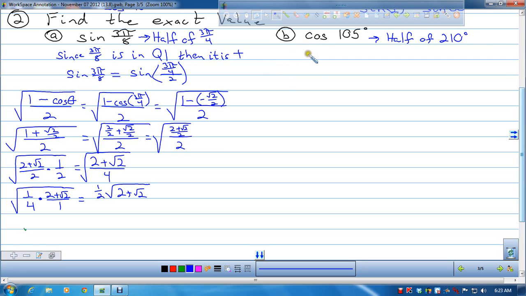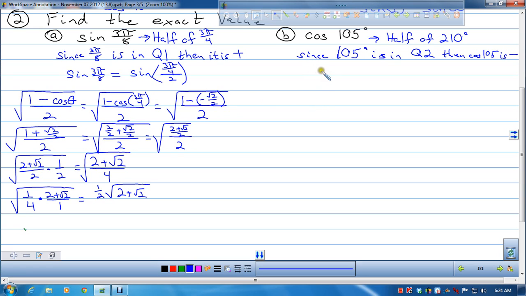Since 105 is in quadrant 2, cosine 105 is negative, so I know I'm going to have the negative value.